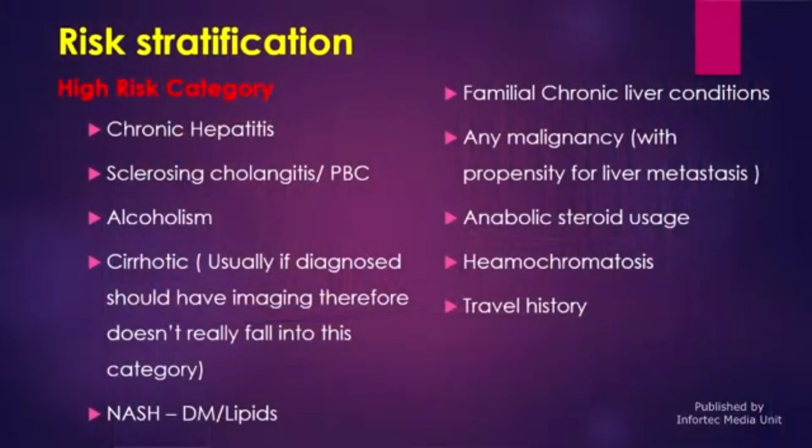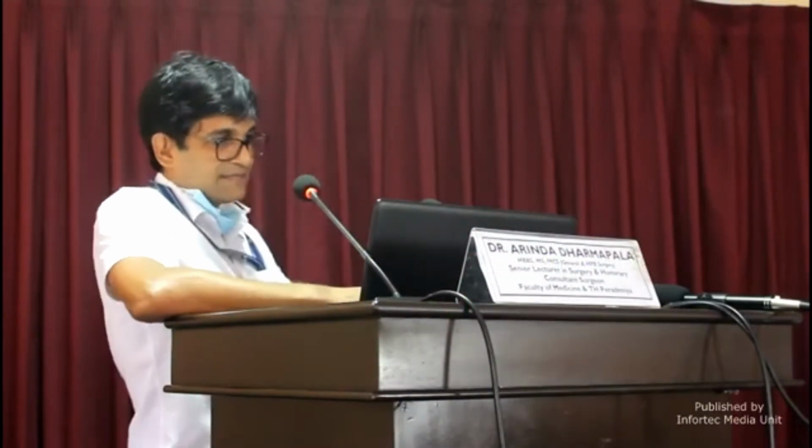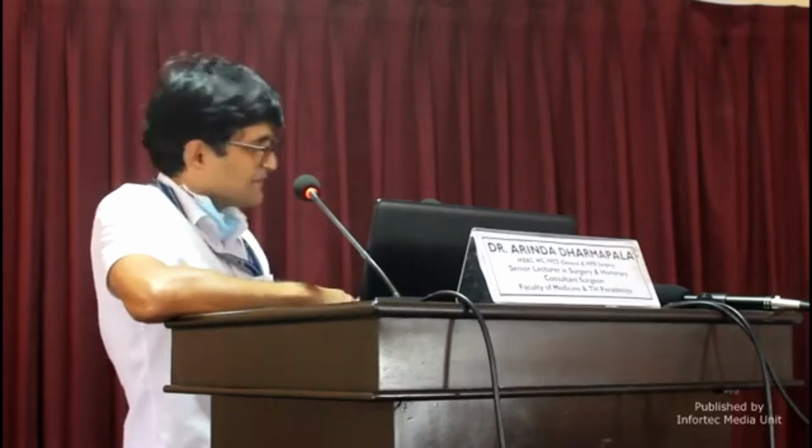Now, why we want the history and examination is to identify the patient's risk category, whether they fall into a higher risk group with a liver lesion or a low risk group. High risk categories include patients who have chronic hepatitis. There's a long list, and everybody can understand.